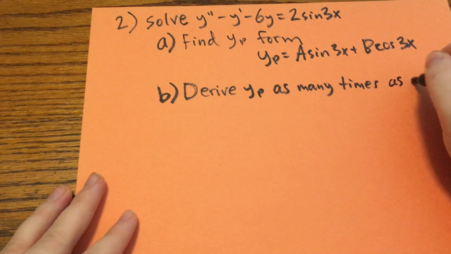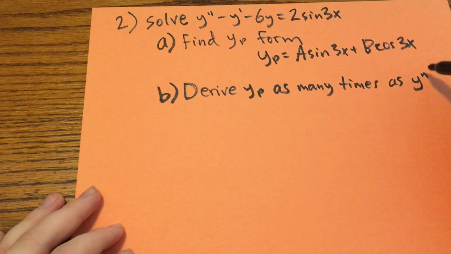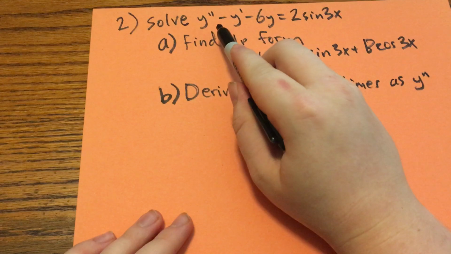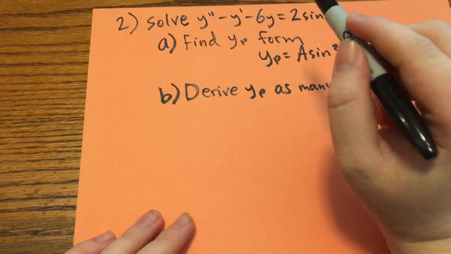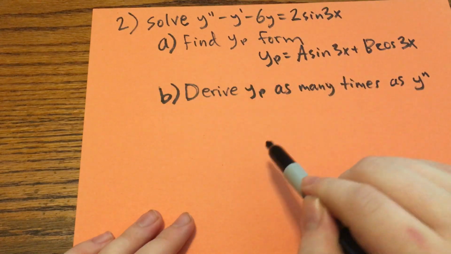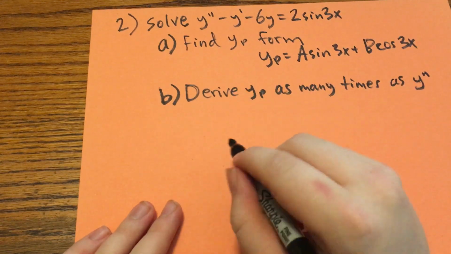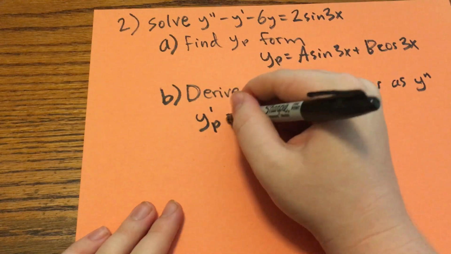So I'll just do this, y differentiated n times, as a short. Hopefully from this you can see that on the left side, the most times y was differentiated was twice, and so we have to differentiate y sub p twice. It's pretty straightforward.